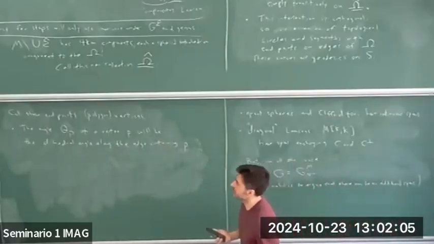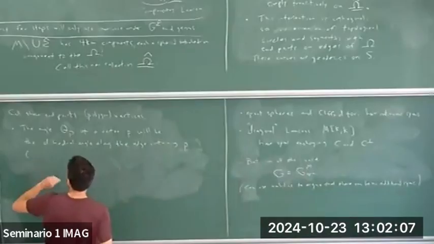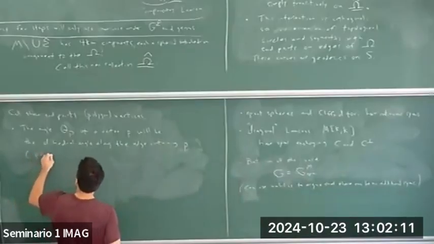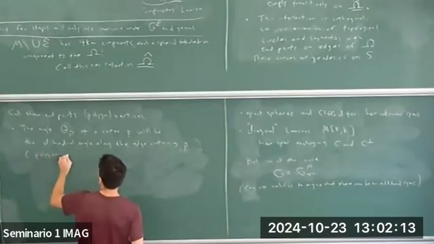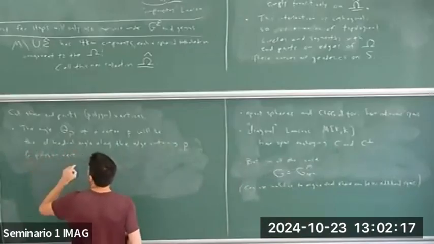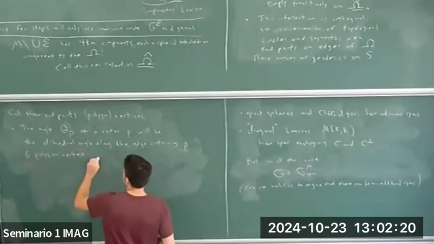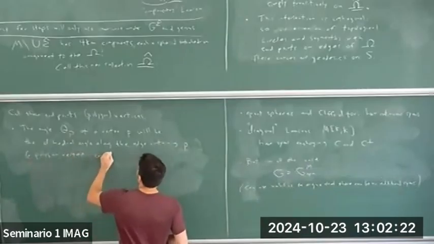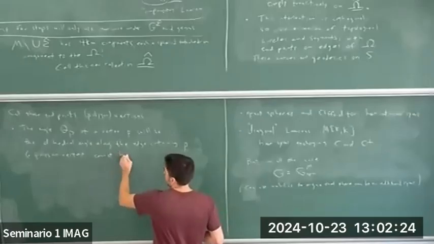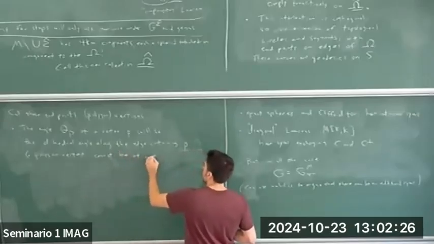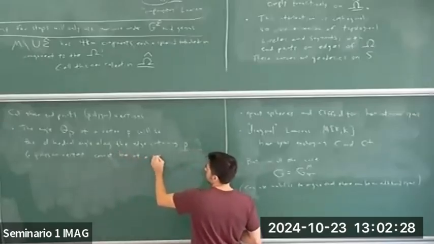Okay, and I should also have said that a polygon vertex cannot be at a vertex of the tetrahedron.